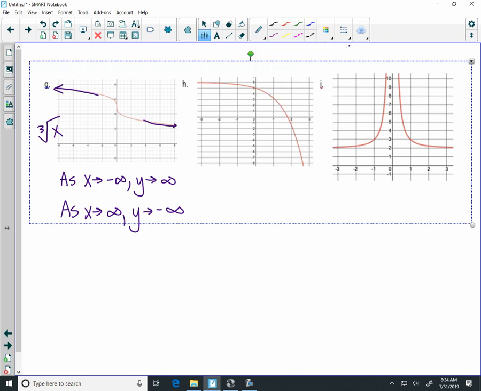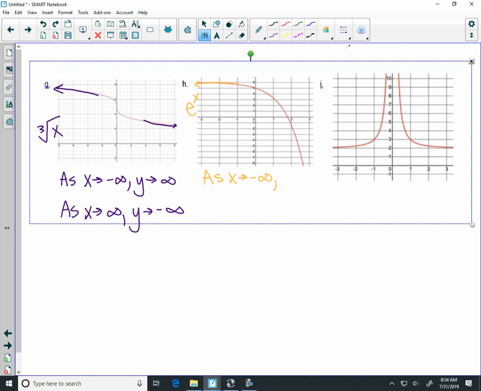Another e to the x. E to the x is going to either be your worst function or your best. So you might as well get to know it and make it your best friend. All right, so as x approaches negative infinity, we know that e to the x flattens out, and it flattens out fast. So don't let the fact that the pixels on the picture aren't small enough mess with you.